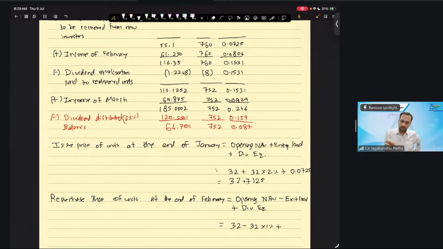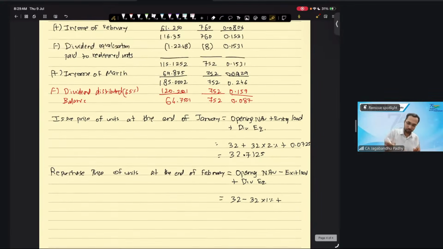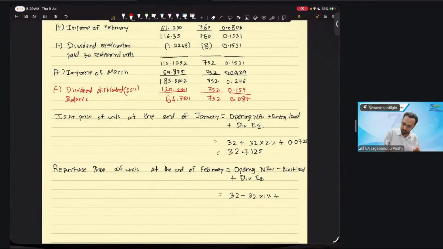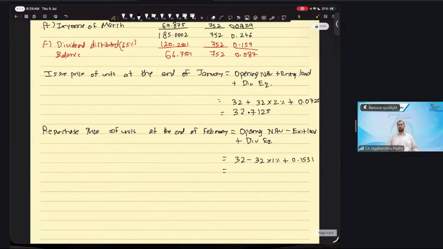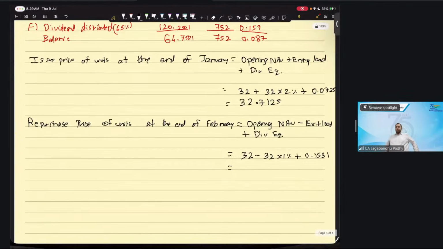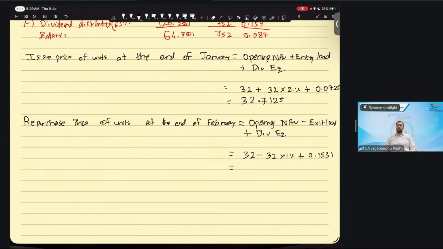That's 0.1531. So what's the repurchase price of units? 31.8331. Okay. So issue price of units at the end of Jan and repurchase price at the end of February is done.